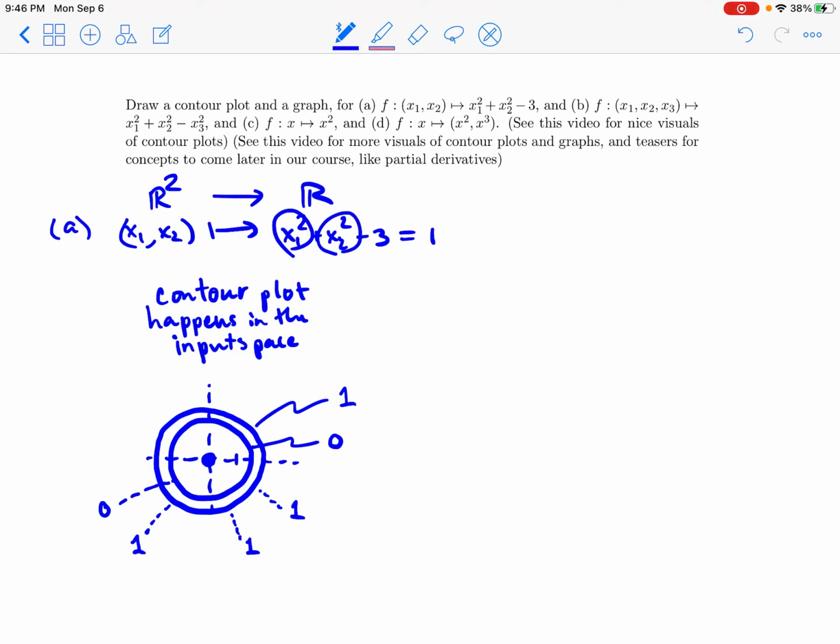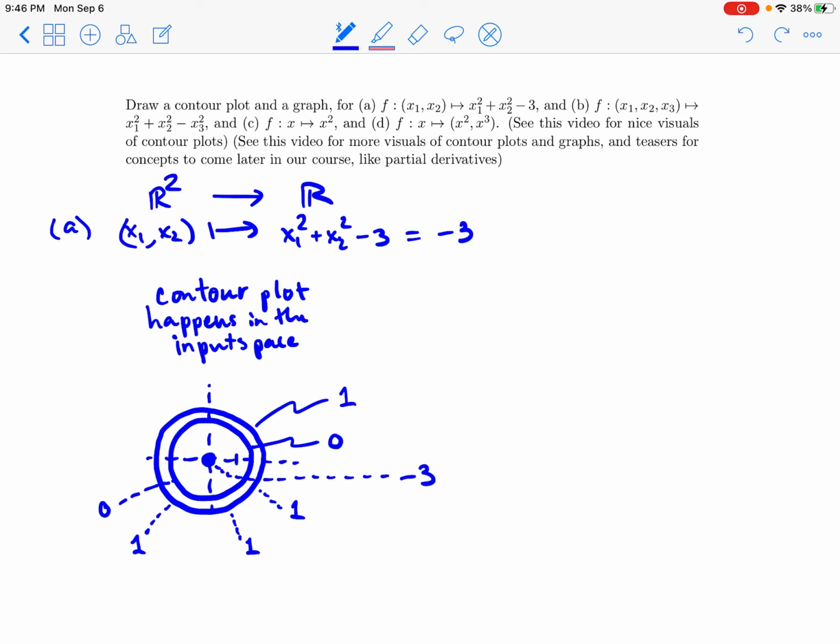This point right here, 0, 0, is 0 plus 0 minus 3. So that is in the preimage of minus 3. So this is the single point, and hovering above it is the number minus 3.